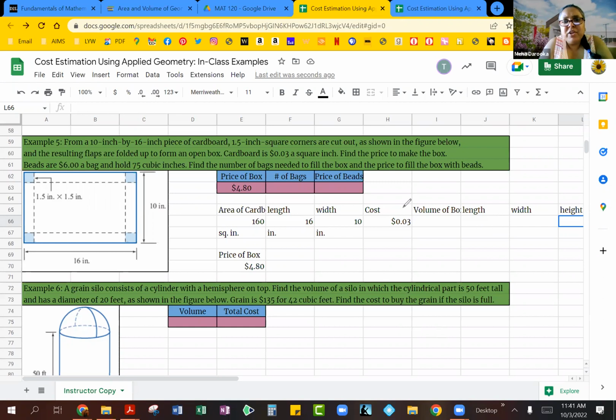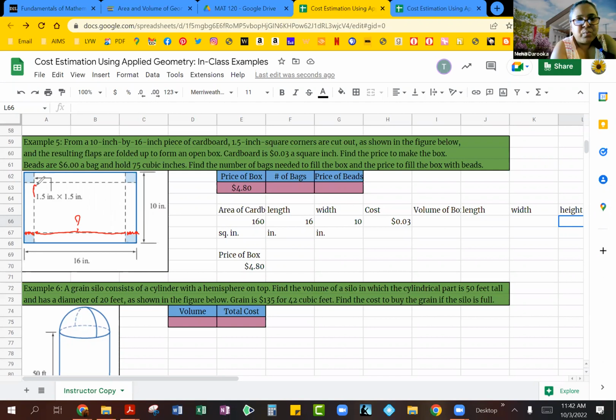But again, remember, you are chopping off corners on both sides of your length and width for the original cardboard. So you're basically thinking about what this length is going to be, which means you are obviously going to be removing 1.5 inches from here and 1.5 inches from here. So what will this measurement come out to be?